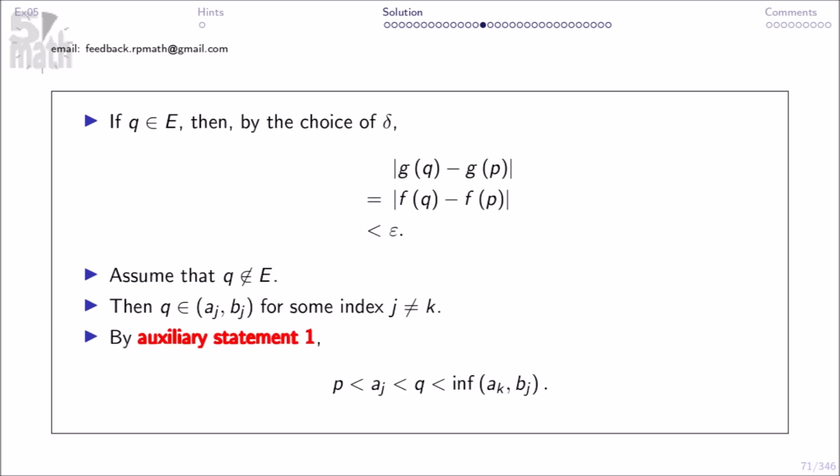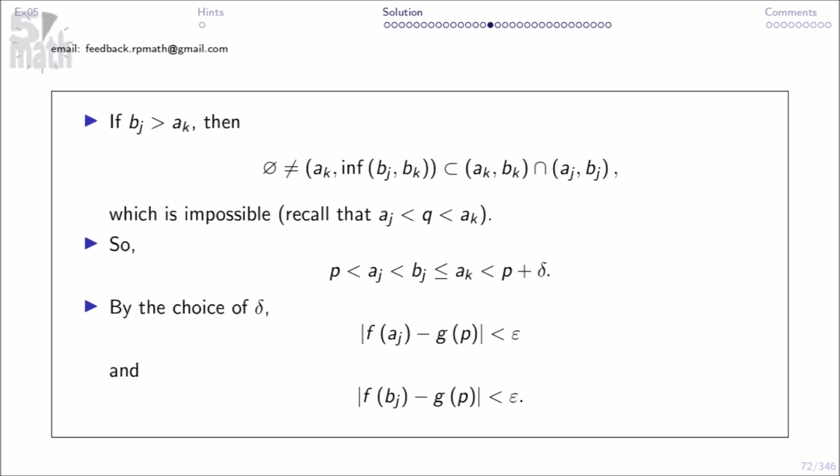If q is in E, then by choice of delta, the following. Assume that q is not an element of E, then q is in (a_j, b_j) for some index j not equal to k. By auxiliary statement 1, we have the following. Then b_j > a_k, then this, which is impossible. We recall that a_j < q < a_k. So, this.